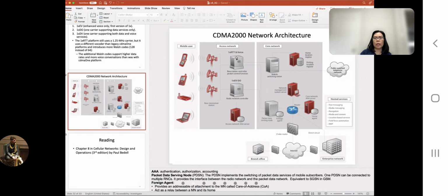Other than that, it's the same architecture as UMTS, and UMTS is based on the GSM architecture. This lecture is from chapter 8 in the textbook Cellular Networks by Paul Bedell. If you have any question about the lecture, feel free to ask.